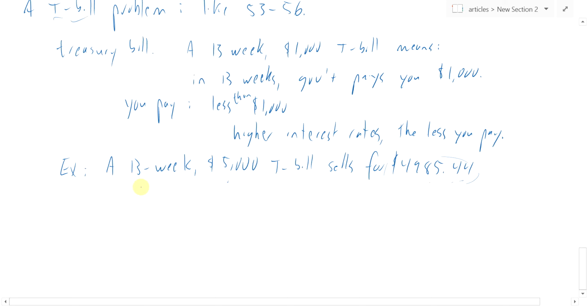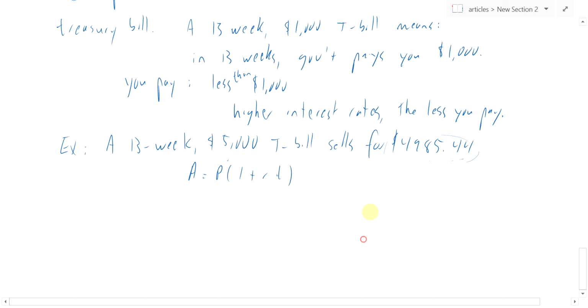If you're looking for other places to invest your $4,985, can you get a better interest rate on something else that would get you more than $5,000? So we want to know what's the rate here. So A equals P times (1 plus RT). Because what's going on?